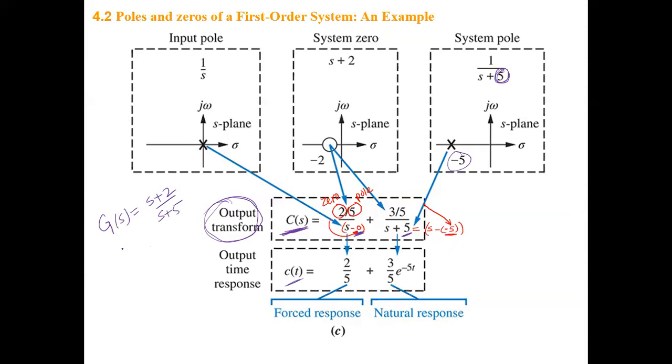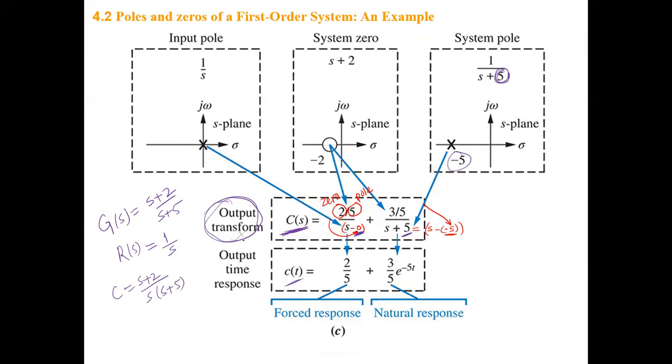And R of s, you have to choose one. For test purposes, we can choose the simplest one, which is 1 over s. Okay, so then your C will be s plus 2 divided by s plus 5.